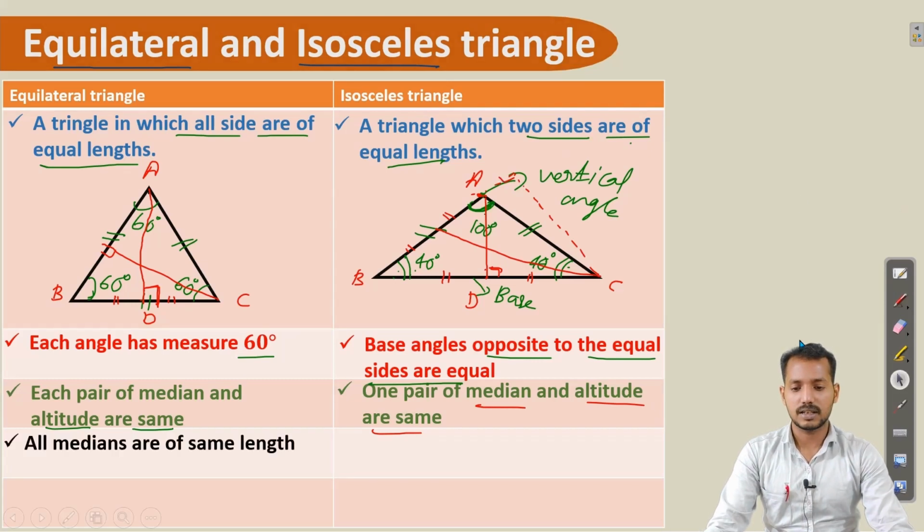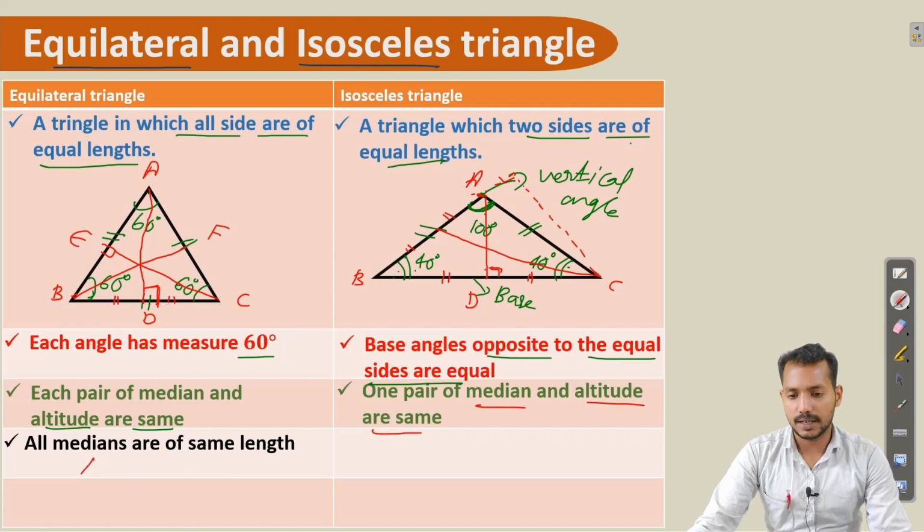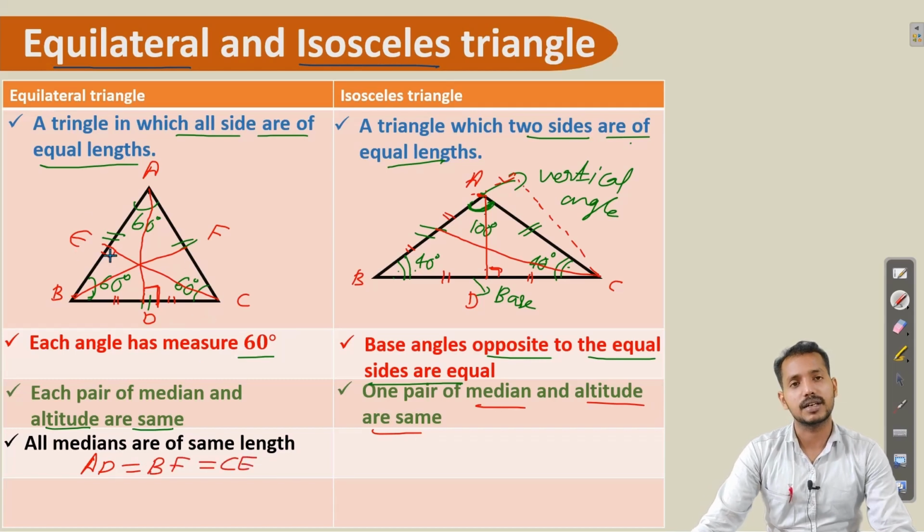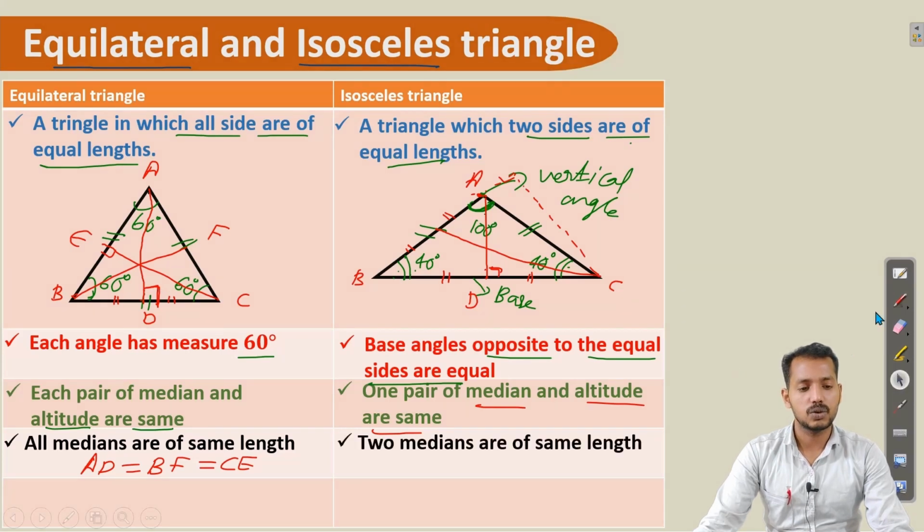Next one is that all the medians are of the same length. If you draw AD, AE and another median, here it is F. That means AD is equal to BF is equal to CE. Three medians are there, am I right? These three medians are the same. While in the case of an isosceles triangle, two medians are the same.